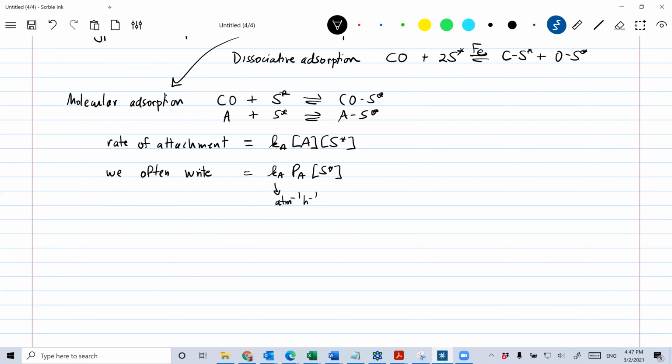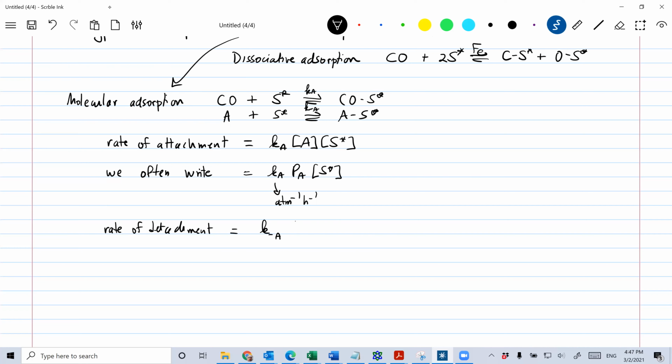So that is the one change that happens. And the rate of detachment, so the reverse, is then equal to K minus A. So we'll call these Ka and K minus A. This is the adsorption step, just to keep it consistent.